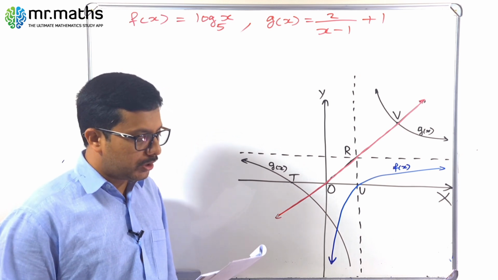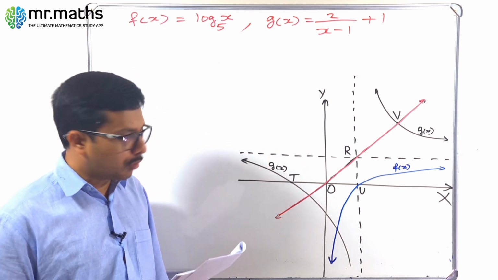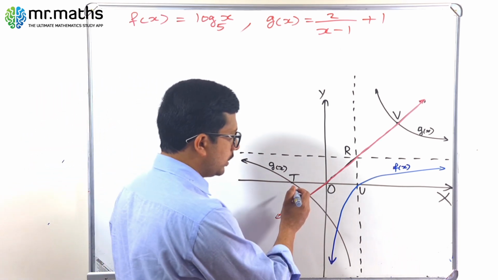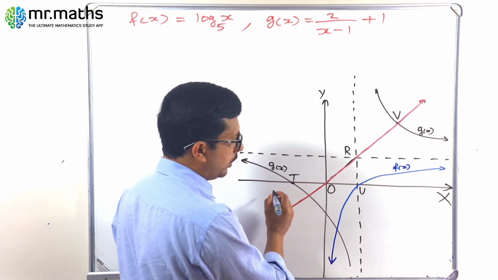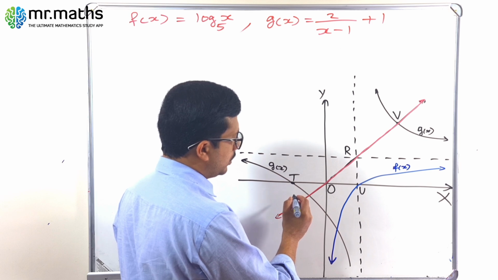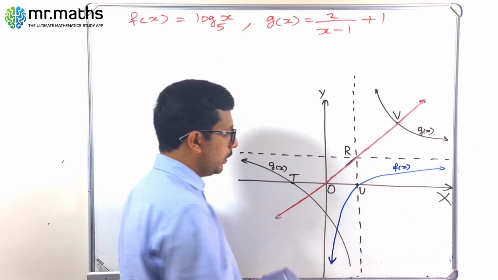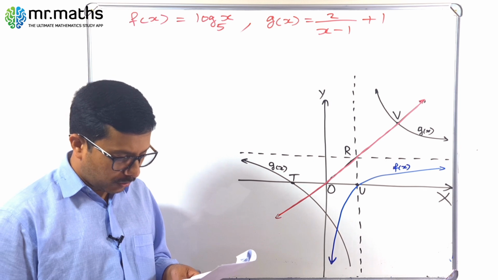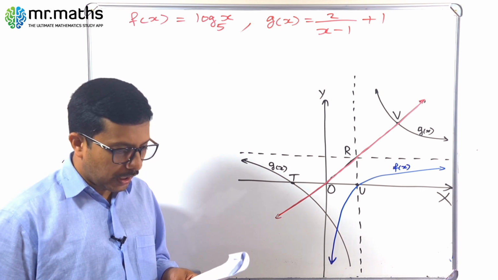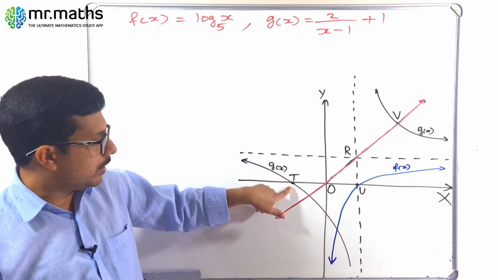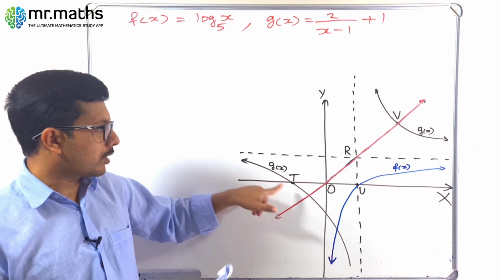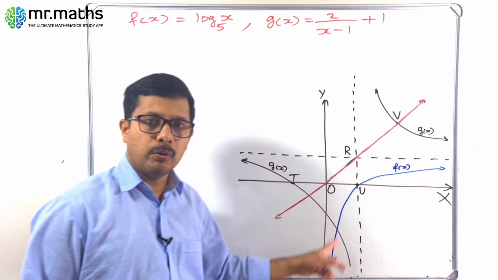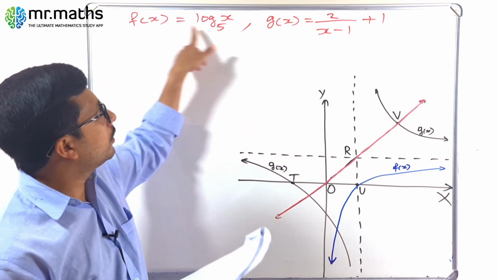Look at the first bullet. T and U are the x-intercepts of g and f respectively. So here you can see that this is T and this is U. That means T is the x-intercept of g and U is the x-intercept of the f graph, and f graph means the logarithmic graph.